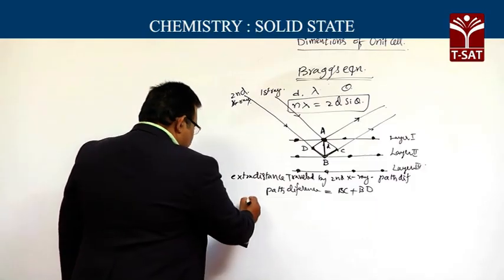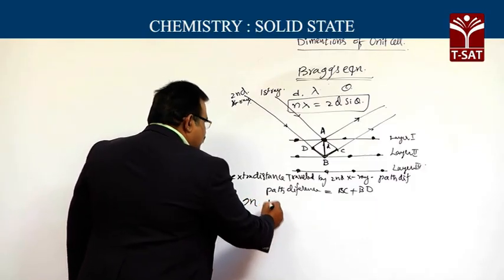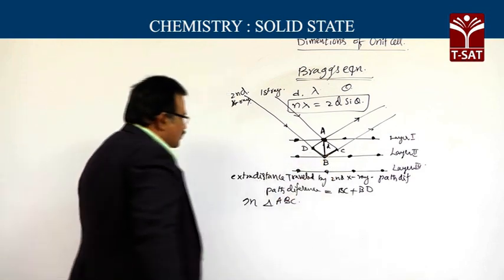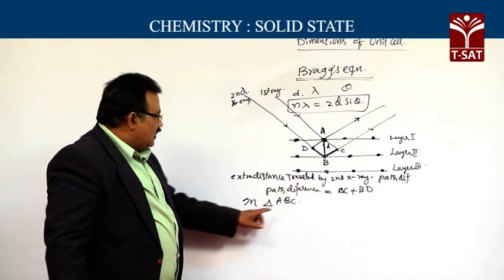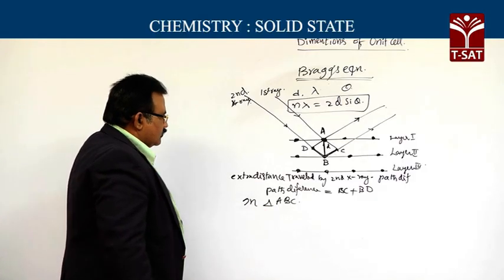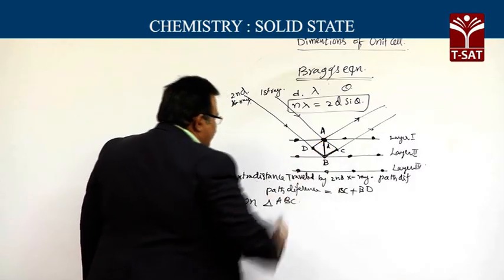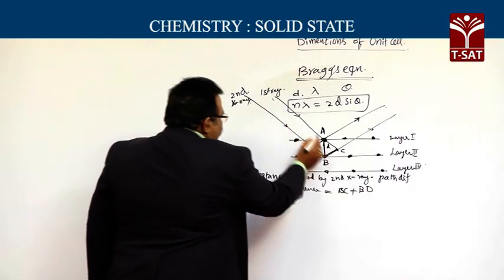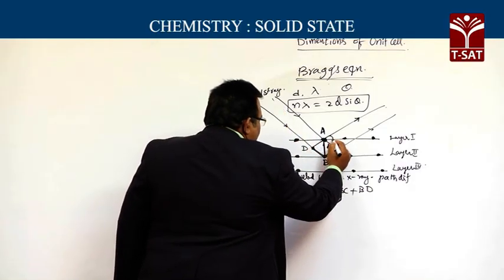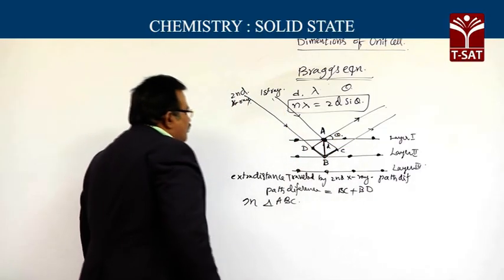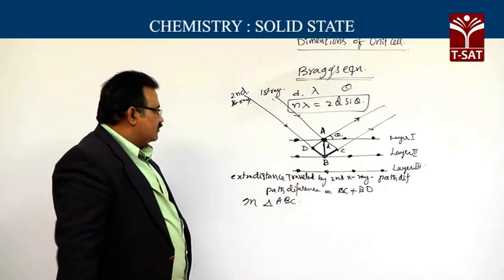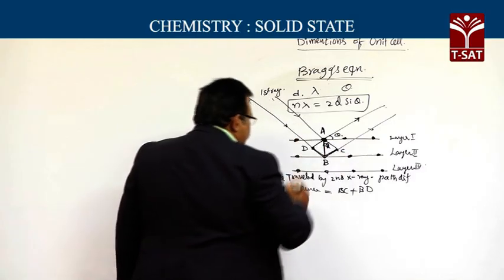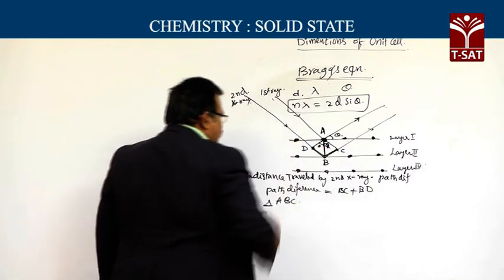Let us consider triangle ABC. In this triangle, A to B is d, and the first ray is diffracted with a diffracted angle theta.